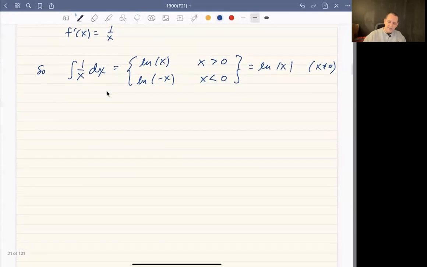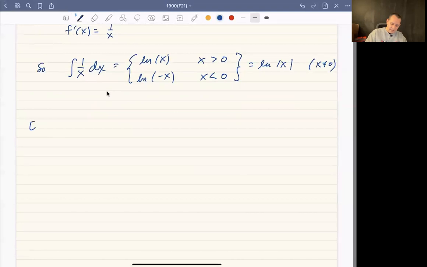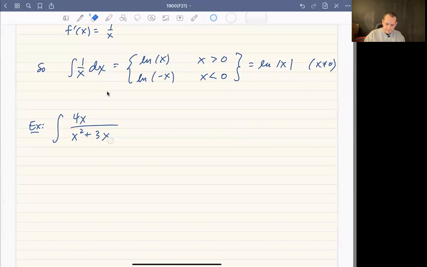So with that being said, let's do a few antiderivatives, and then we'll call it a day. Let's say we wanted to integrate 4x over x squared plus 3.